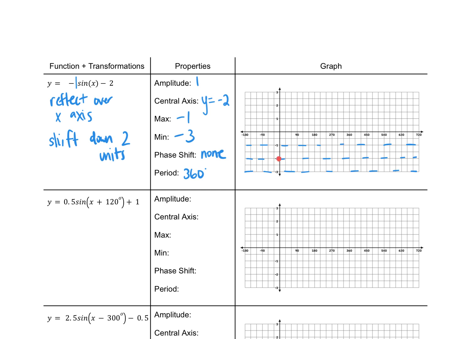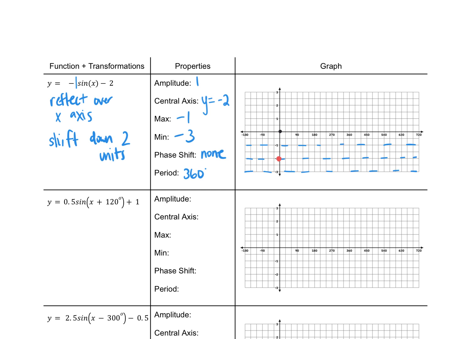It's going to be on the transformed midline of -2, and I'm not going to the right or left at all because there is no phase shift. I could also think of it as my original point was here, and it shifts down 2, and there's where we ended up. Once I have that point, I just have to think.